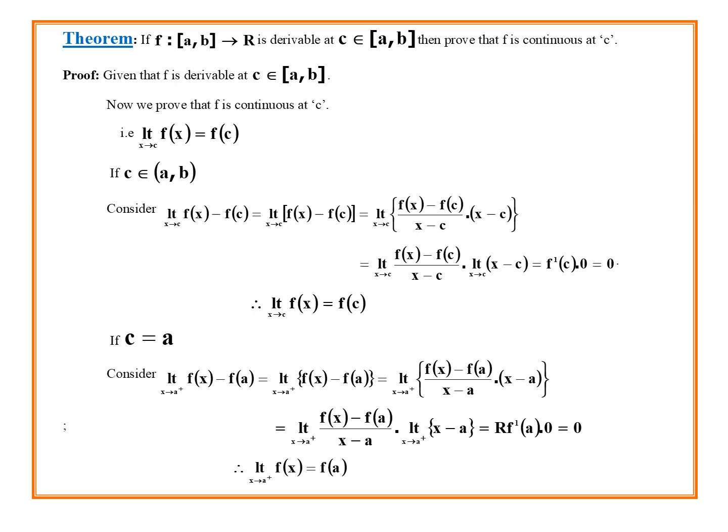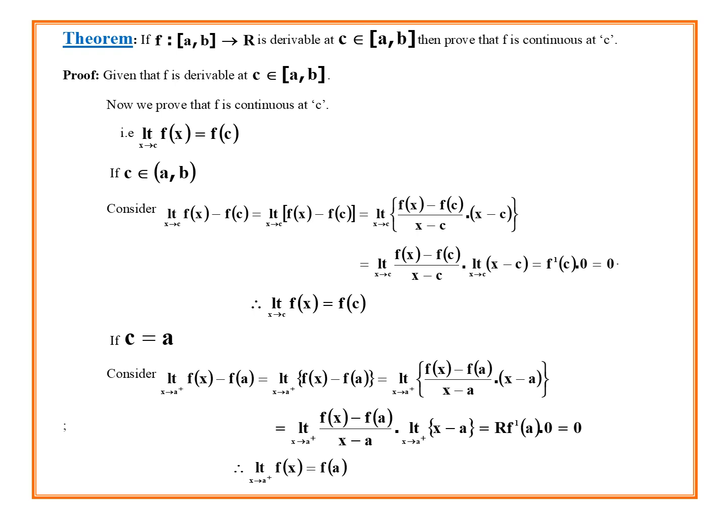If c belongs to open interval a comma b, consider limit x tends to c, f of x minus f of c. That is equals to limit x tends to c, f of x minus f of c by x minus c into x minus c. We are multiplying and dividing with x minus c.